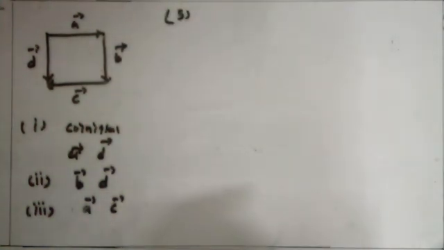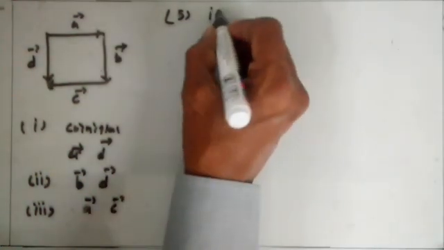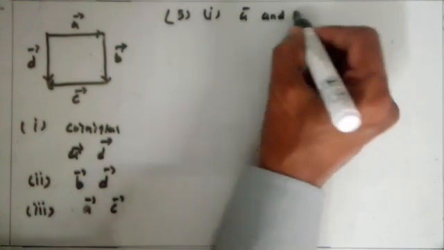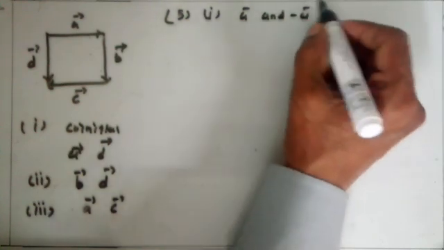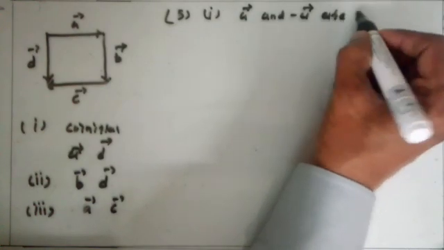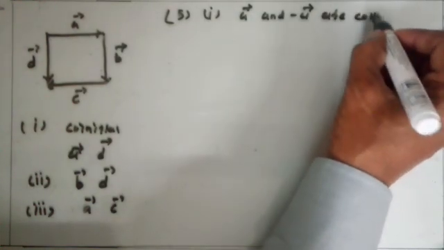Now next, question 5. Answer the following as true or false. Number 1, A and minus A are collinear.